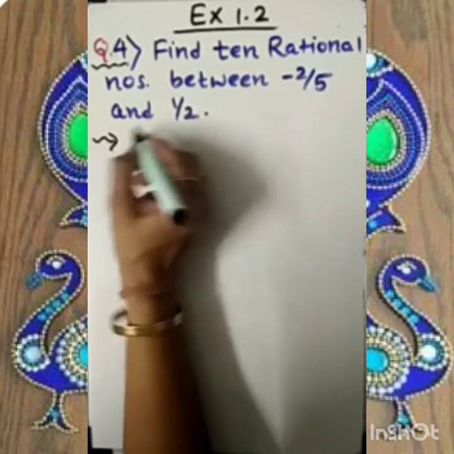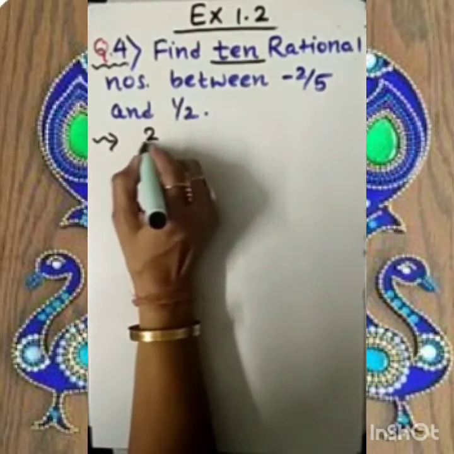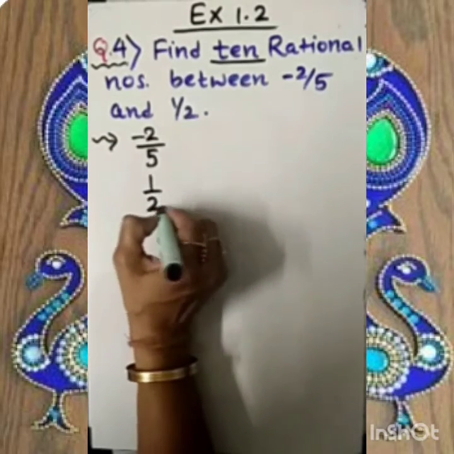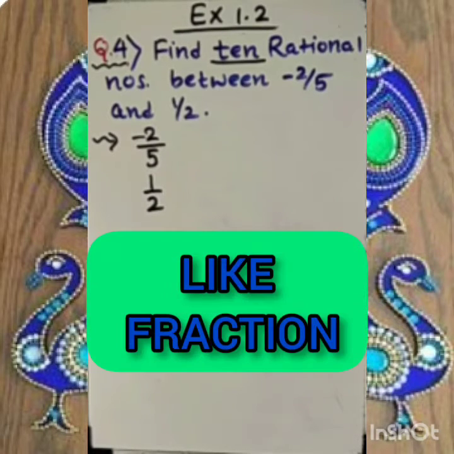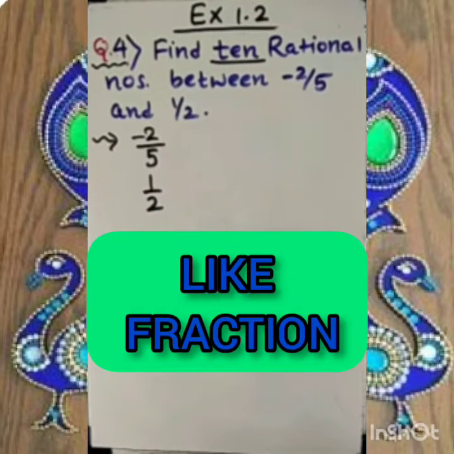We have to mention any 10 of them here. Okay. So dear student, think about this number, -2/5, and another number is 1/2. Now what is the first step? Before we proceed to write the 10 rational numbers, we need to convert them into like fractions.